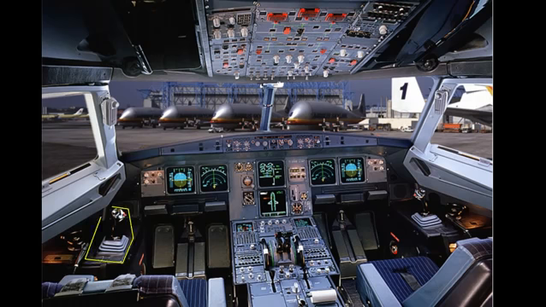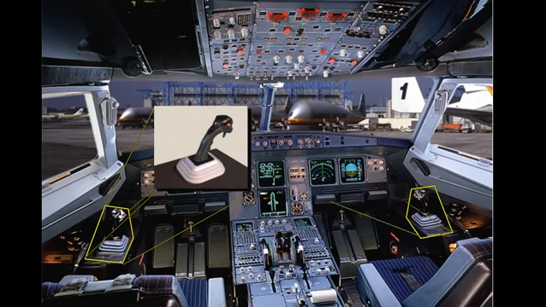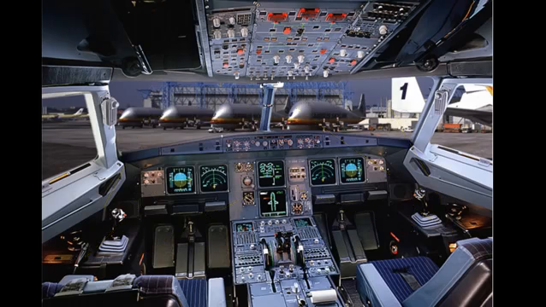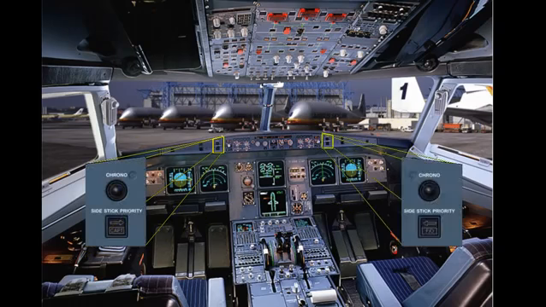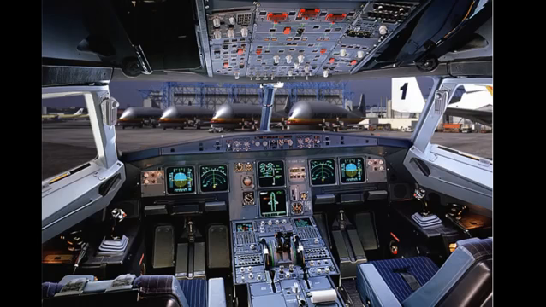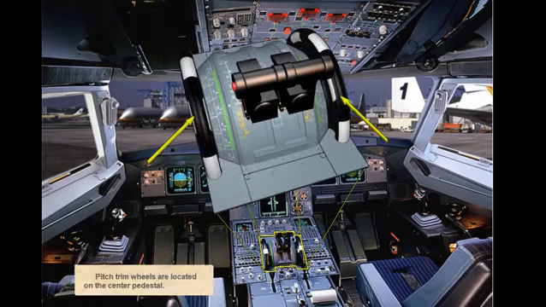Pilots control pitch and roll through 2 side sticks. There are associated side stick priority lights. Side sticks and priority lights will be explained in a separate module. Pitch trim wheels are located on the center pedestal.